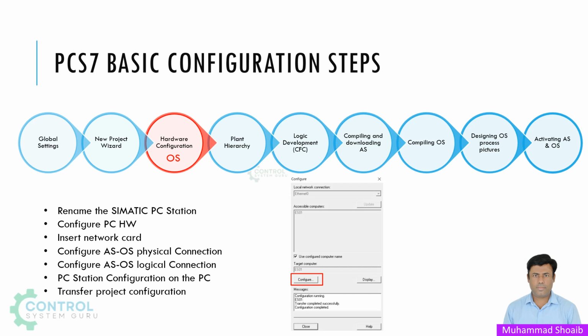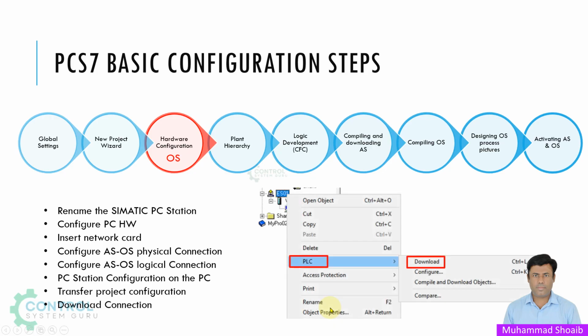Once our configuration is successfully completed, we'll get this message: transfer completed successfully. So once our project configuration is transferred successfully, after that we will download the logical connection in the PC.